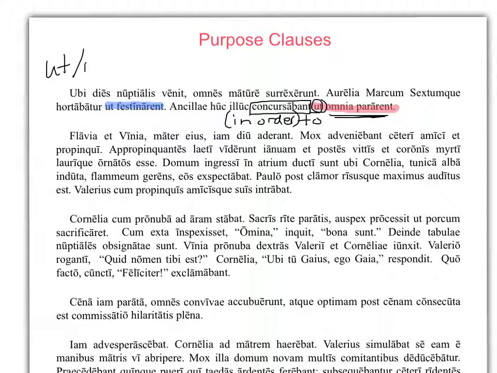If the purpose clause is negative, so that not, then we'll use ne, plus what kind of a verb is pararent with that ar in there? Yeah, subjunctive. So another use of the subjunctive.